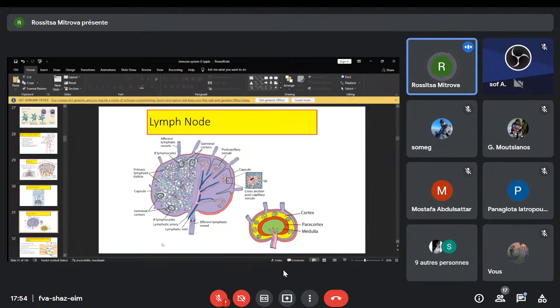What else? The lymphatic artery and a lymphatic vein and the post-capillary venule make the connection between lymph and blood.